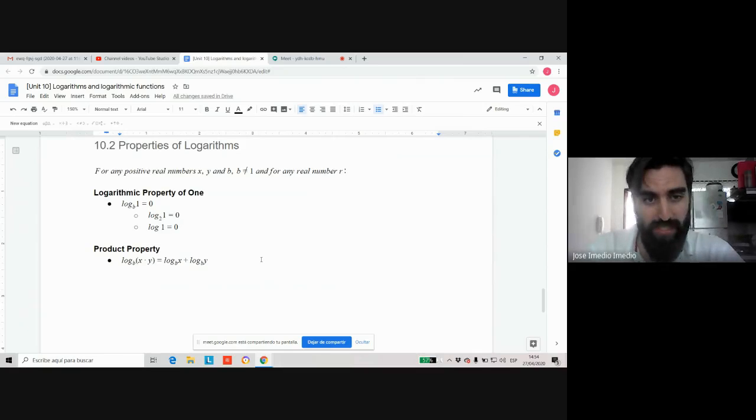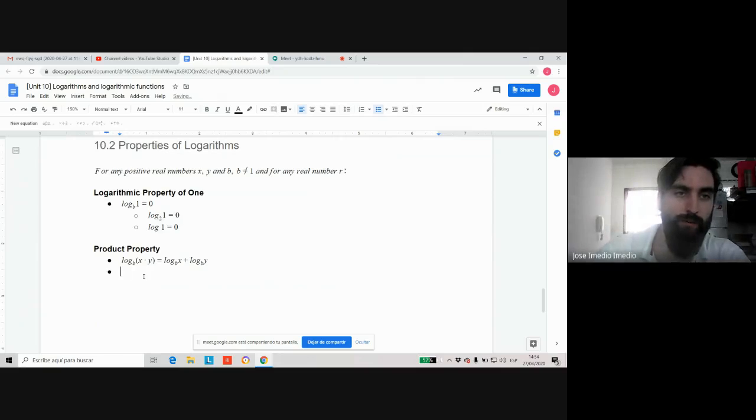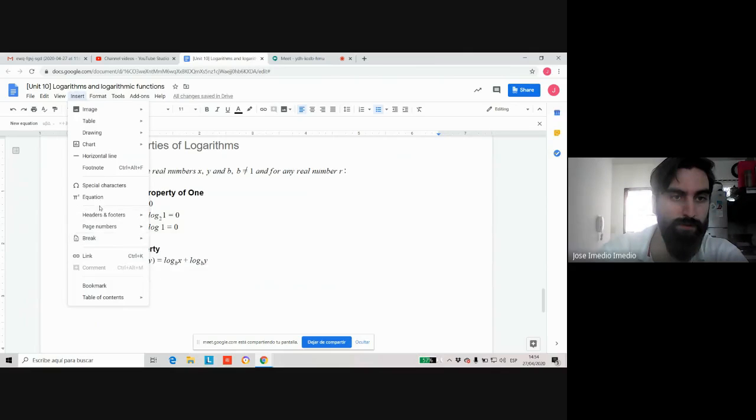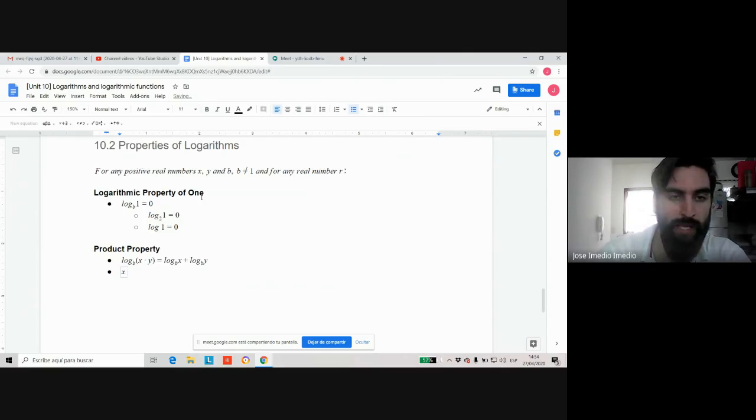This actually comes from the fact that x squared times x cubed equals x raised to the power of 2 plus 3, right? So this property comes from here. That's the origin of that property.